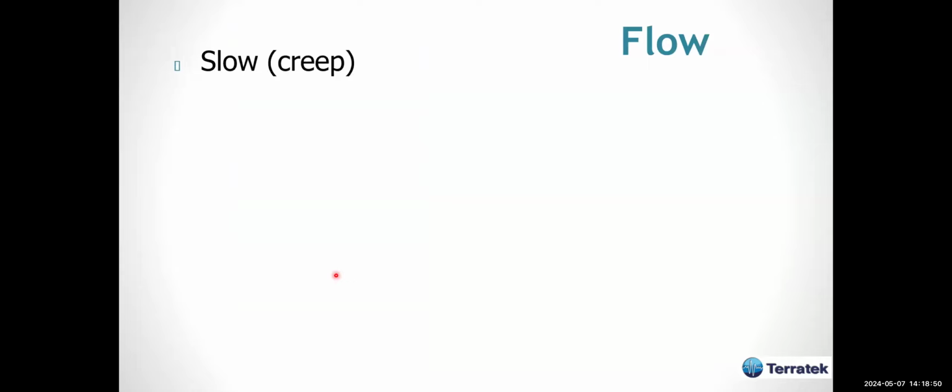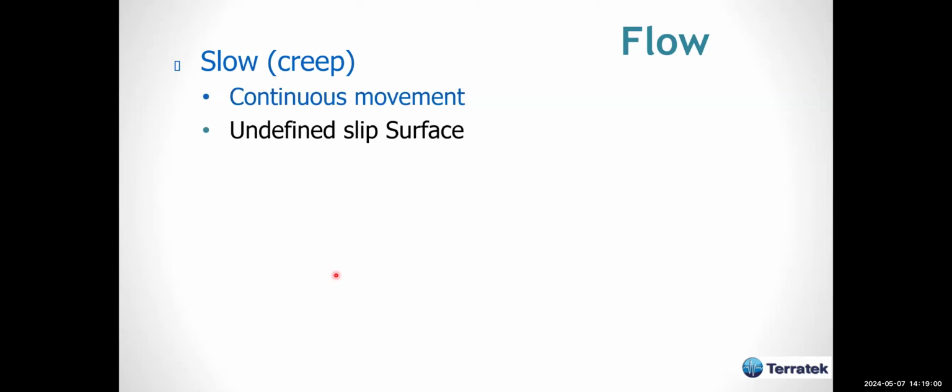Anyway, flow. If the flow is slow, we can call it creep, as I'm going to talk about later on. It's a continuous movement. Sometimes it has an undefined slip surface, and it has a drained behavior, okay?